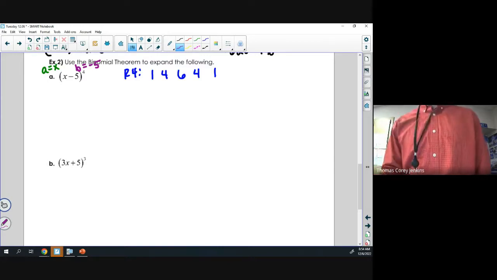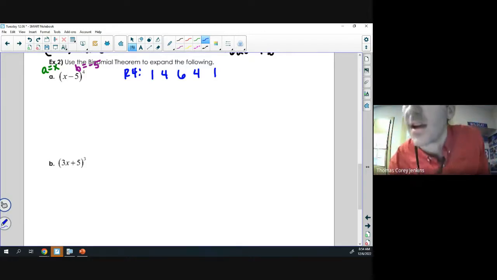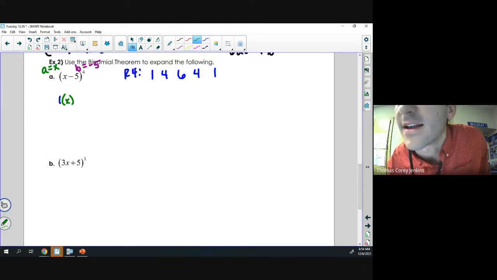All right, so let's go term by term and see what we have at the end. We will clean this one all up at the end. First term, lead coefficient is 1. Then our A is X, so we have X to the, what are we going to start with there for X? Is it going to be to the 4th or to the 0? Anybody remember?